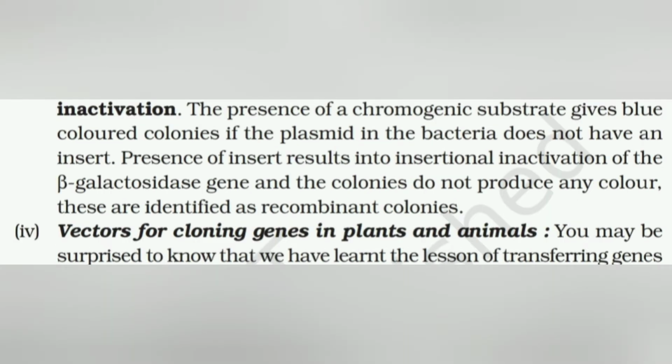The presence of the chromogenic substrate gives blue colored colonies if the plasmid in the bacteria does not have an insert. Presence of insert results in insertional inactivation of the beta-galactosidase gene and the colonies do not produce any color. These are identified as the recombinant colonies.